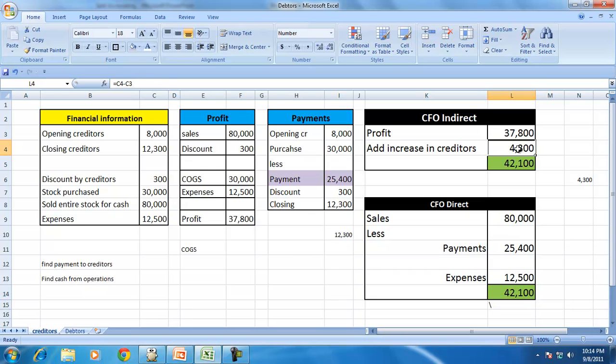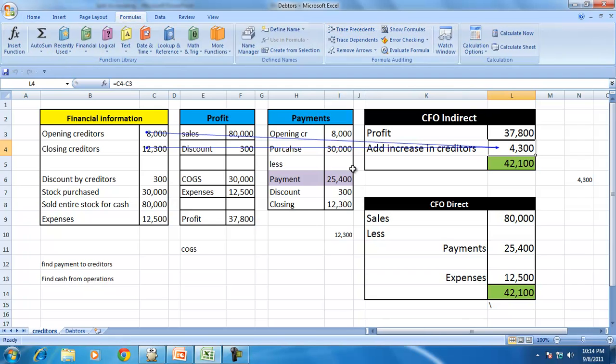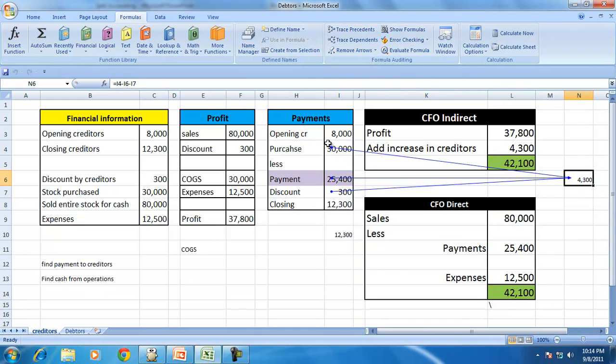So this 4,200 increase in the creditor, which we got as the difference between the opening and closing, reflects the net result of the transactions affecting the creditor.